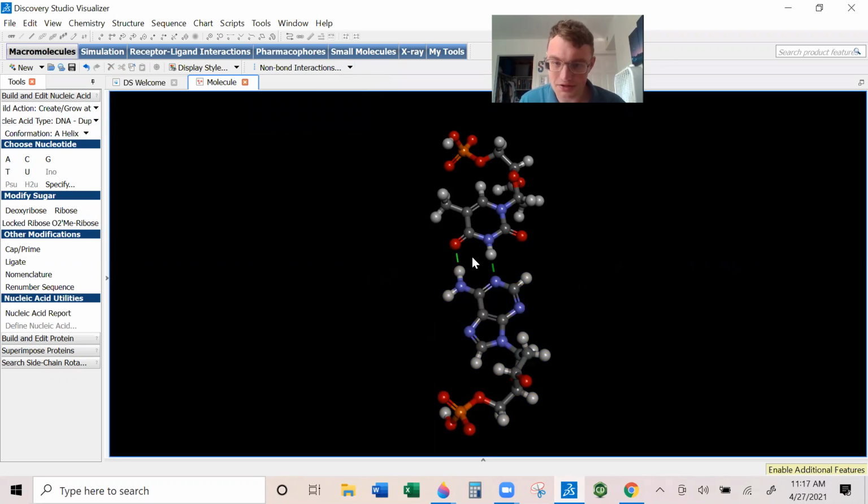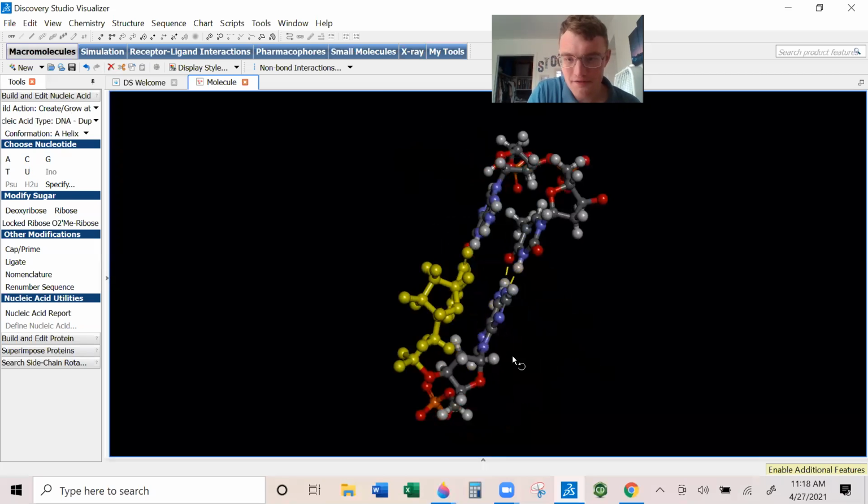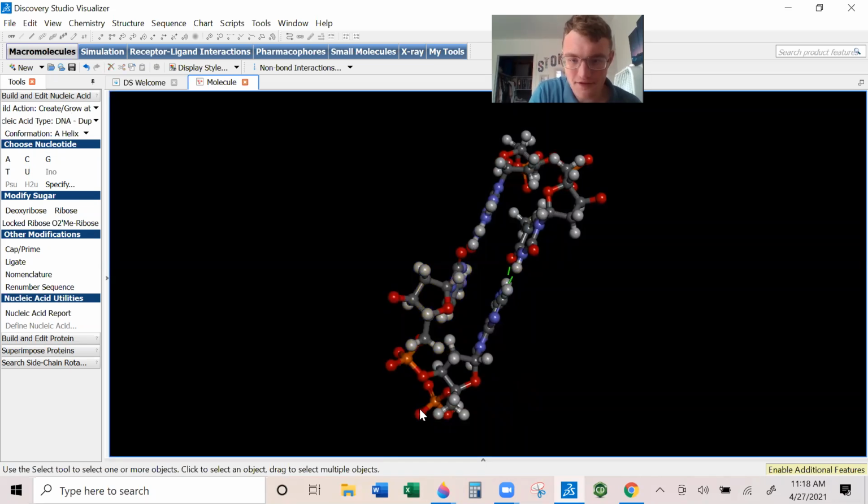These little green lines represent the hydrogen bonds across the middle. If I add the next pair, let me make it a CG pair. Notice what I did there, if I turn this on its side, there's our phosphate, sugar right there. The phosphate and the sugar of one nucleotide, the phosphate and the sugar of the next nucleotide. We've built our DNA backbone there, our DNA backbone there, and then the DNA bases are going across the middle.